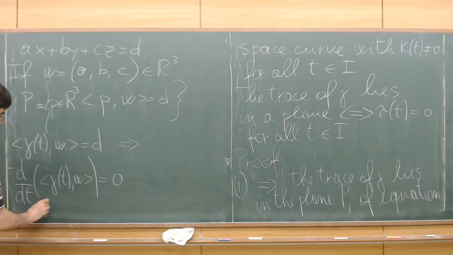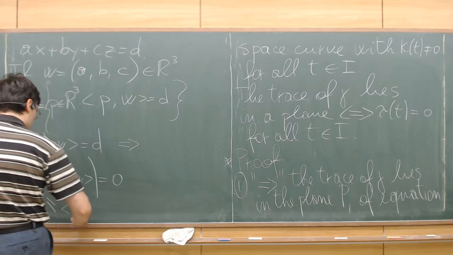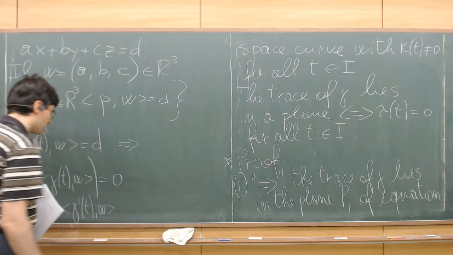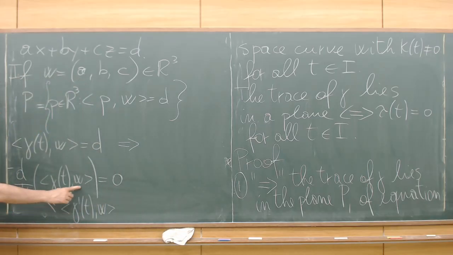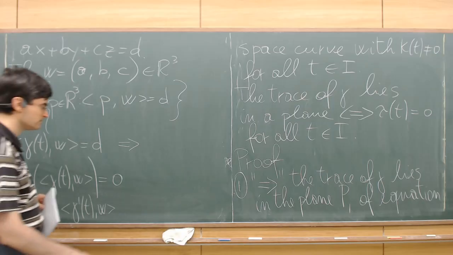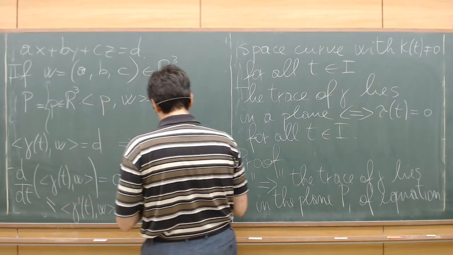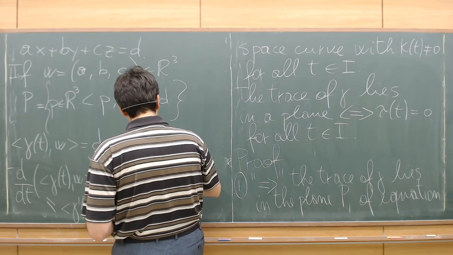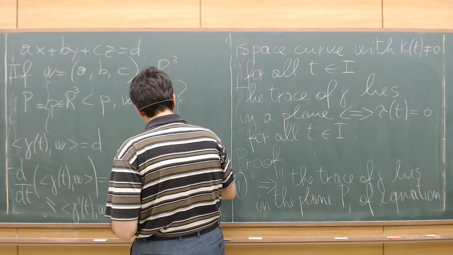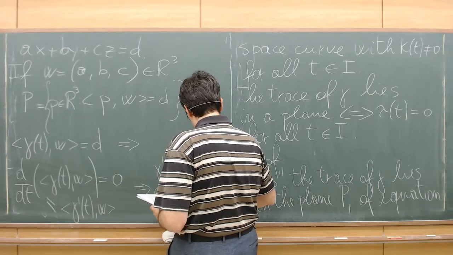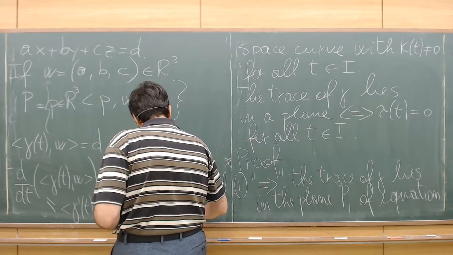But this is also equal to gamma prime(t) multiplied by w. Why? Because this is a constant vector, so the derivative of this inner product is just the inner product of gamma prime and w. So this says that gamma prime of t is orthogonal to w.